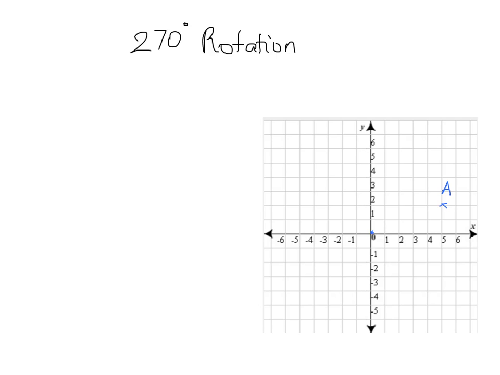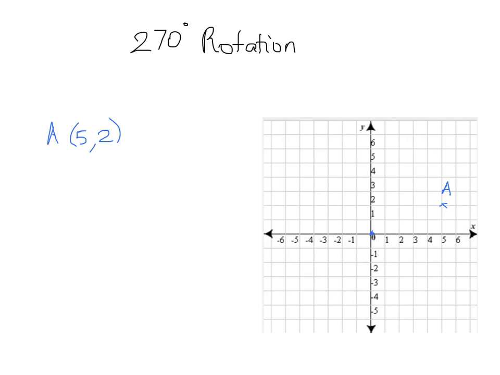All right, let's look at 270 degree rotation. Okay, so the last rotation that we'll be looking at is 270 degrees counterclockwise around the center of rotation at the origin. All right, so in order to do that, let's first write down the coordinates of A. That's (5, 2).